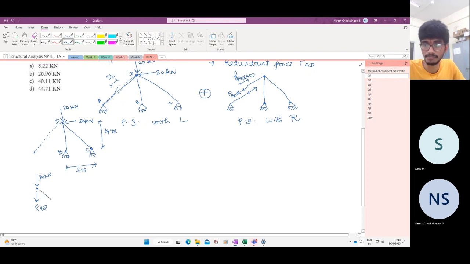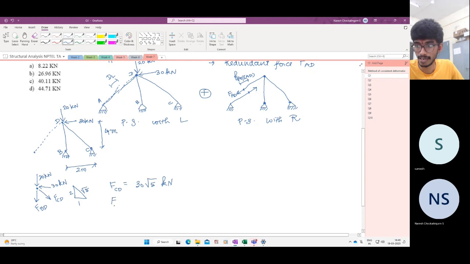You have this FCD. And what is the force triangle? This is 1, this is 2, so this is root 5. So in one shot, we can get FCD. FCD is equal to 30 root 5 kilonewtons.